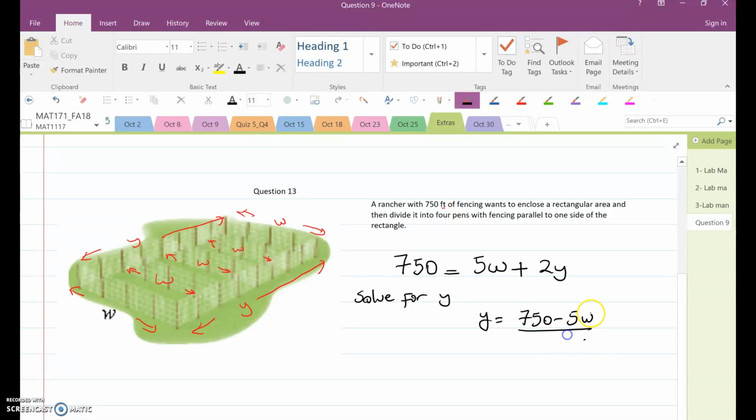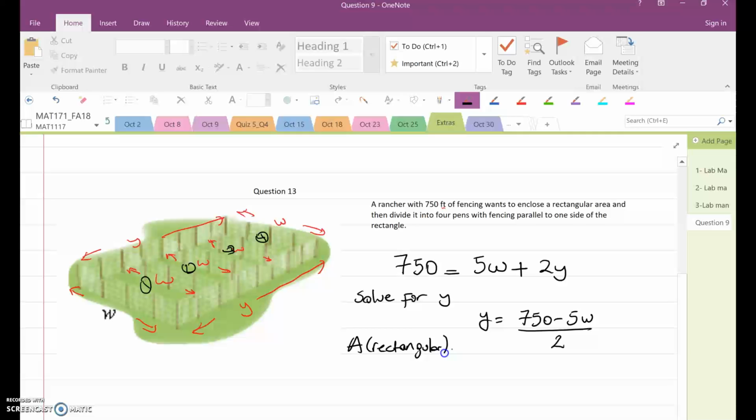Oops. So I did better. Okay. Then the area of the 4 pens, which is area 1, area 2, area 3, area 4, right, is actually the area of the rectangle. So that will be W times Y. Okay.